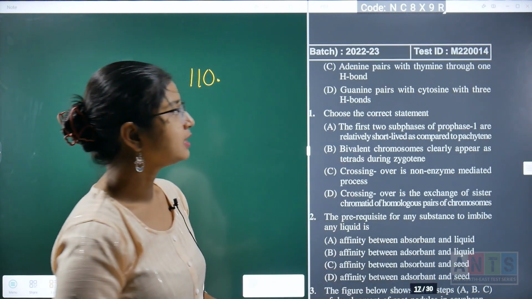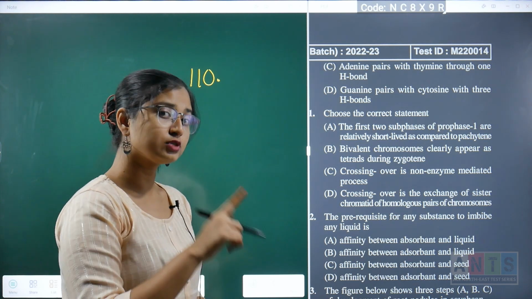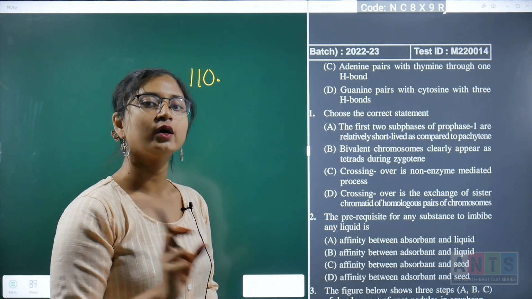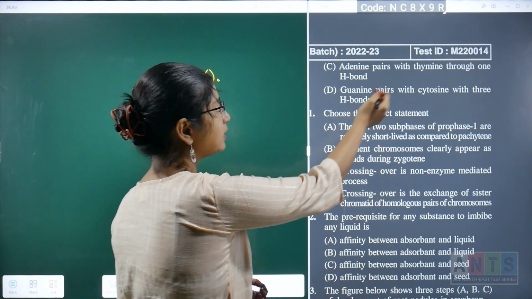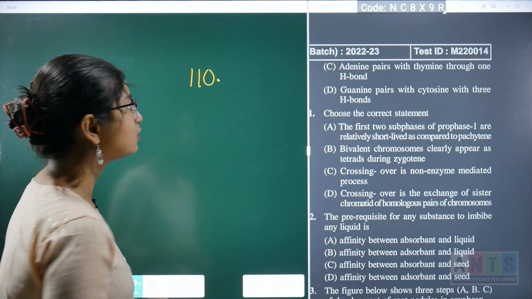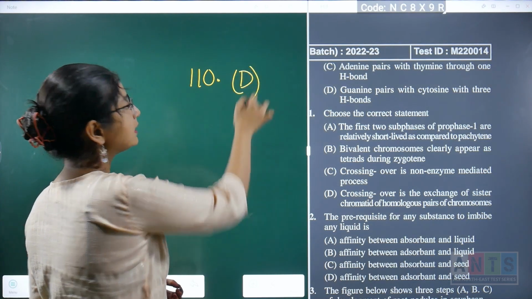Adenine pairs with thymine through 1 hydrogen bond. This is also incorrect. On the other hand, the other base pair is GC, guanine and cytosine. And guanine and cytosine have 3 hydrogen bonds. So guanine pairs with cytosine with 3 hydrogen bonds. This is correct. So question 110, the correct option is option D.